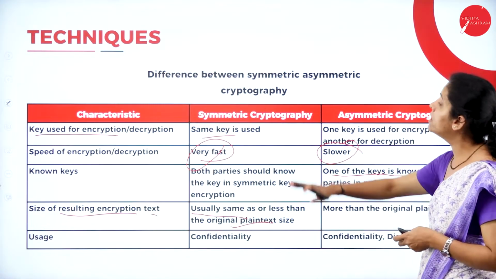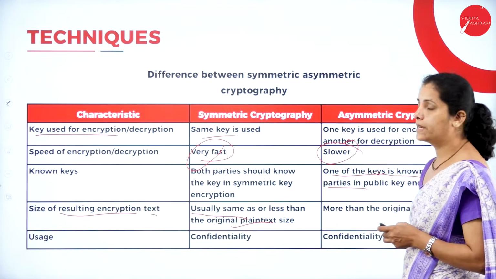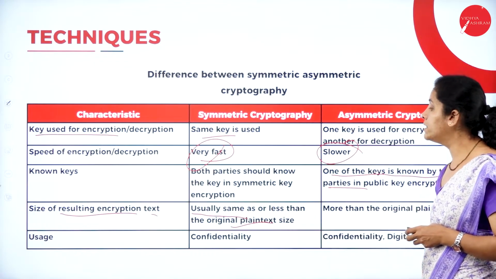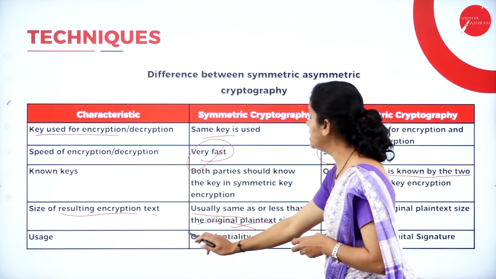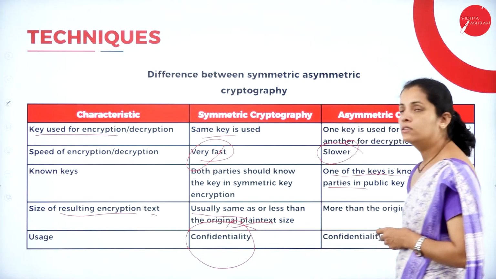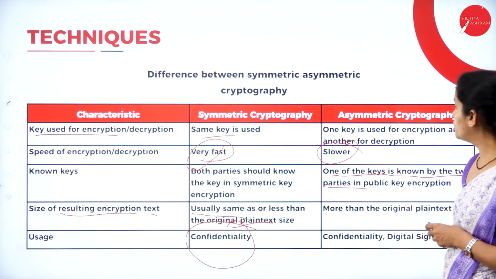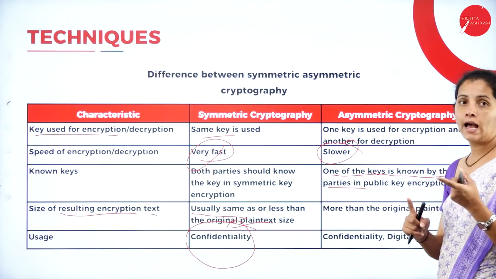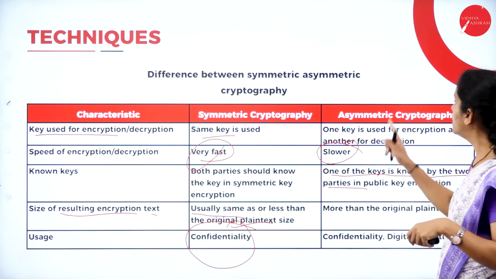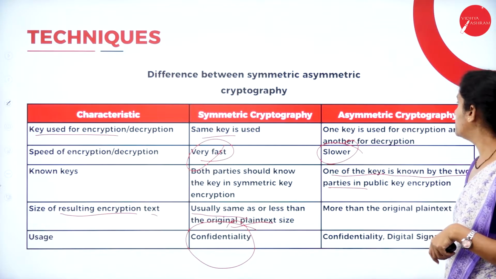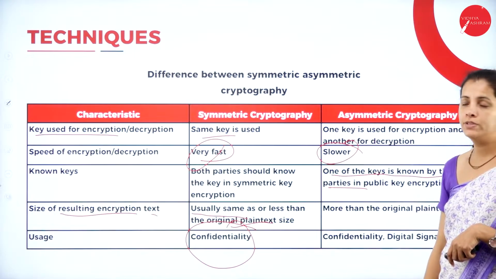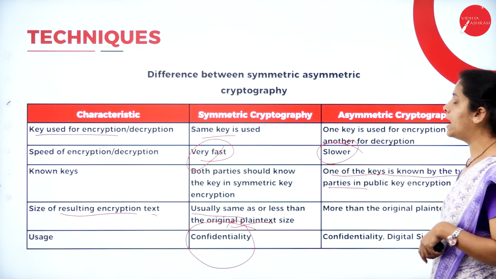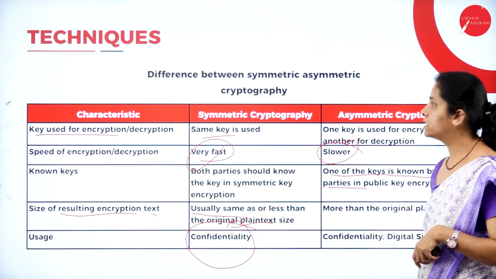That means where I'm going to use symmetric key cryptography: to provide data confidentiality, I'm going to use symmetric key encryption, whereas to provide data confidentiality as well as digital signature, I'm going to use asymmetric key encryption. So this is the difference between symmetric key and asymmetric key encryption.